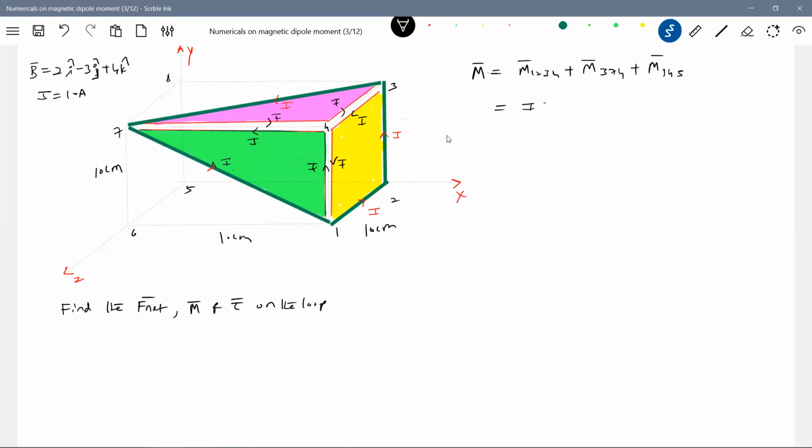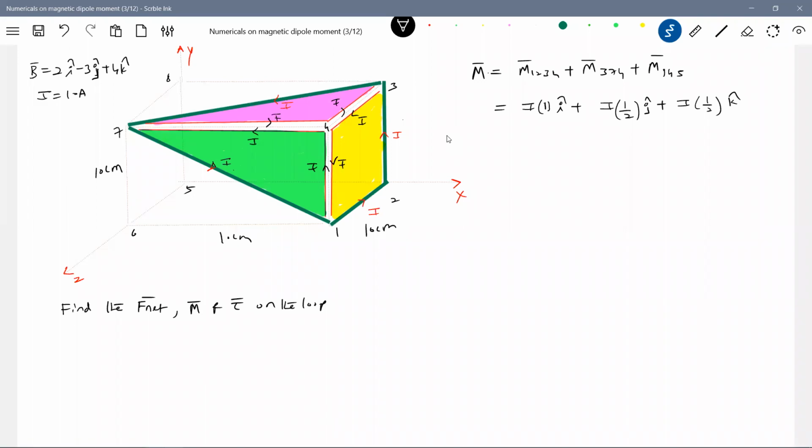The direction of this should be I cap. M374 should be J cap, I into 1 by 2, J cap. M145 will be I into 1 by 2 square meter K cap.